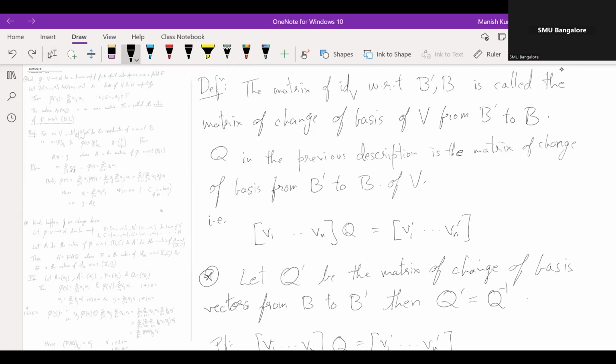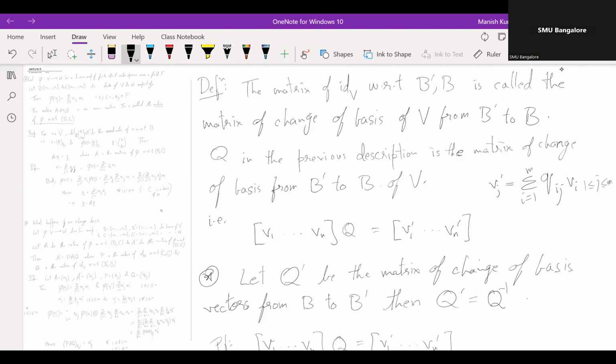This means that vj prime is summation qij vi, not vi prime, i equals 1 to m. This is what Q being a change of basis matrix from B prime to B means.